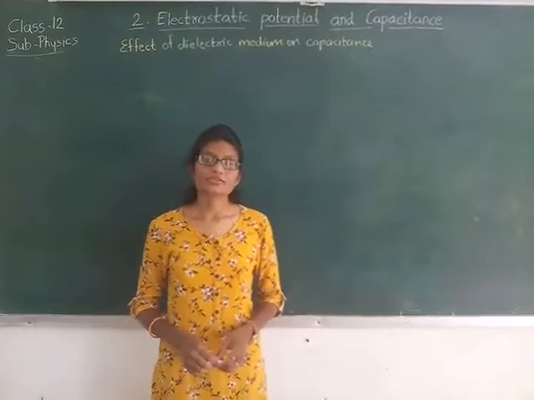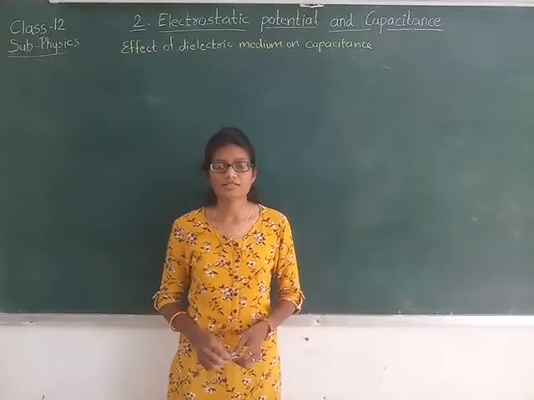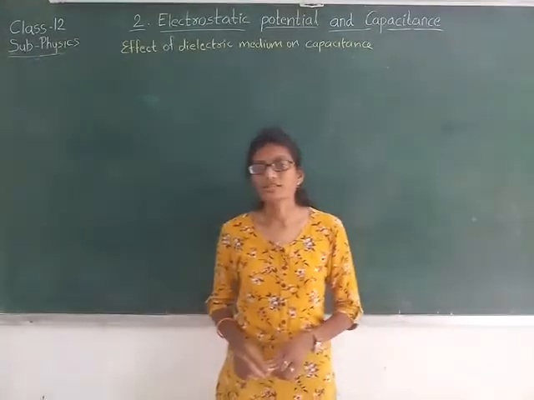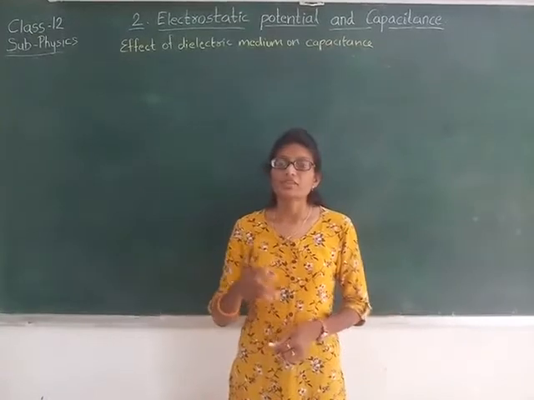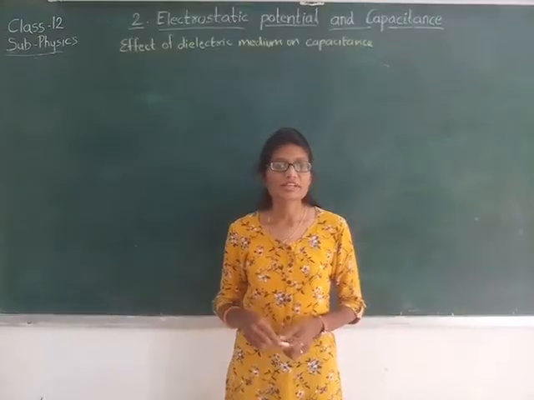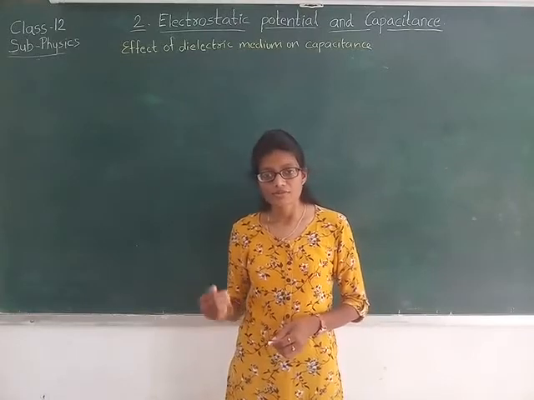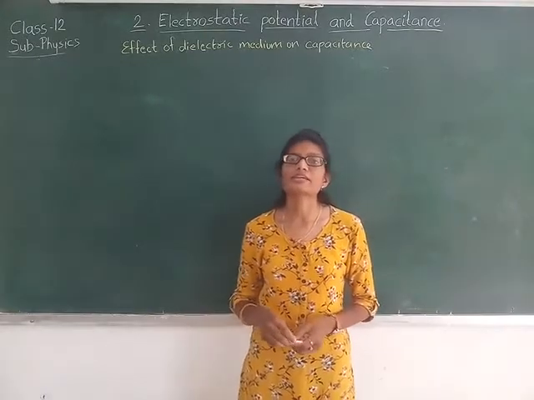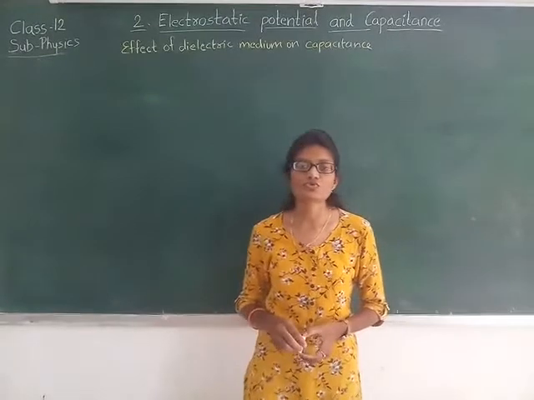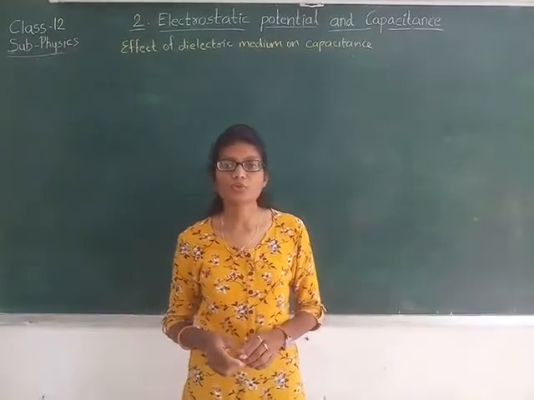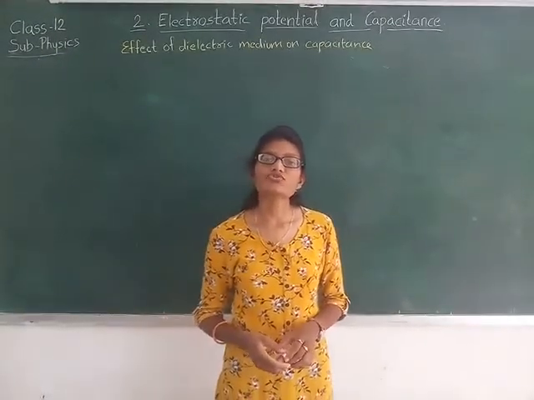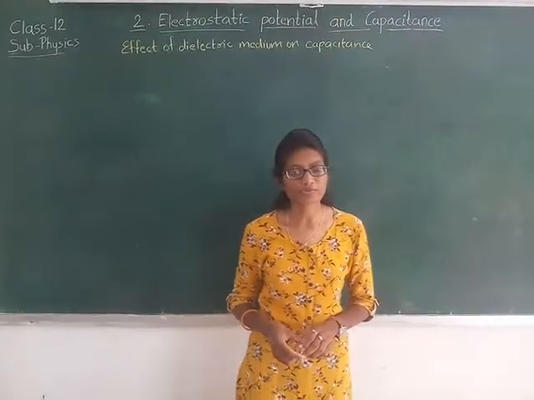Let us see the effect of a dielectric medium on the capacitance. Now we had seen in the previous topic that when the two plates of a capacitor are separated by a small distance, and if there is vacuum in between the two, then the capacitance formula is A epsilon 0 upon D, where epsilon 0 is the permittivity of the vacuum, right?